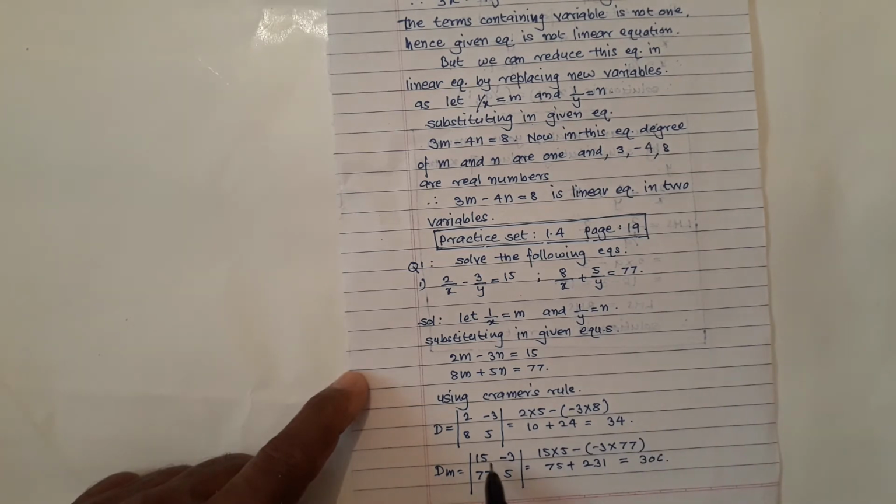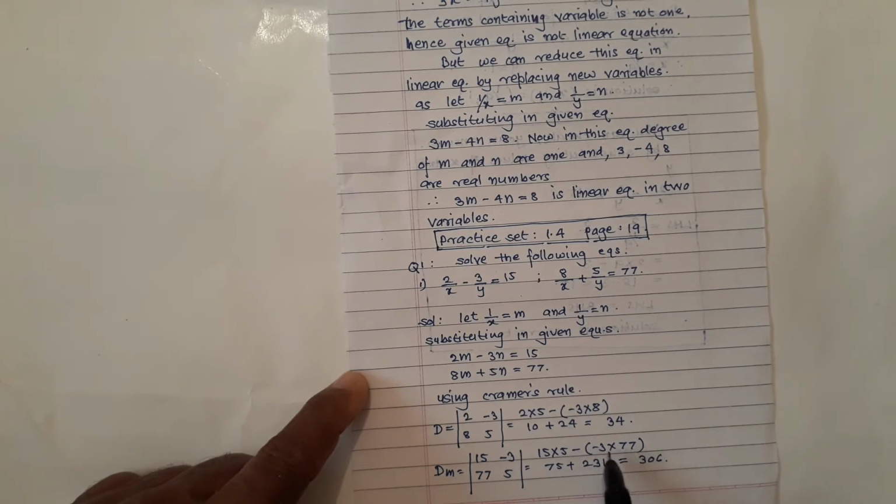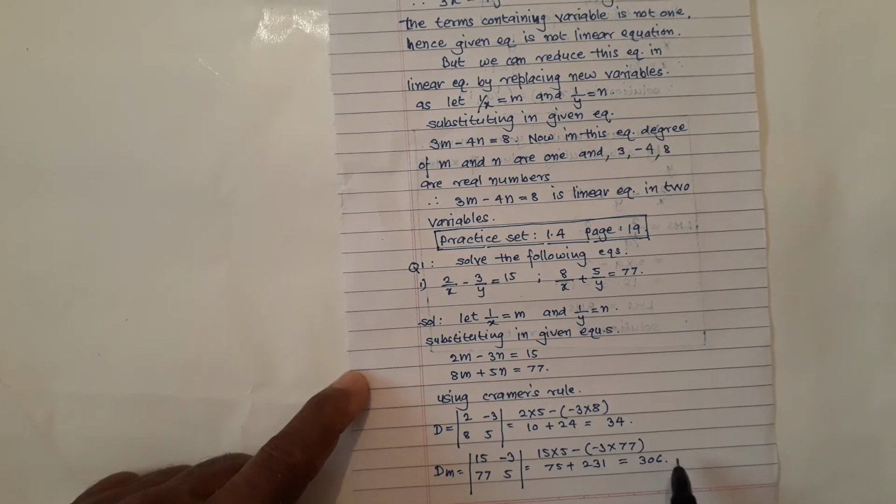Find Dm. 15 into 5 minus 3 into 77. 15 into 5 is equal to 75, minus 3 into 77 is equal to minus 231, becomes plus 231. 75 plus 231 gives you 306. Okay.